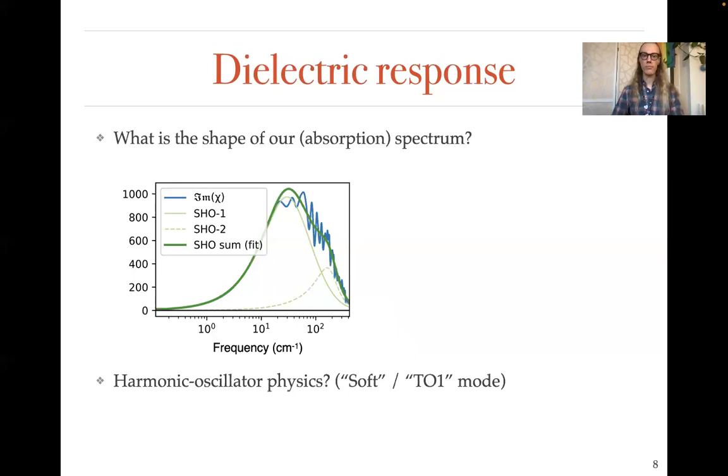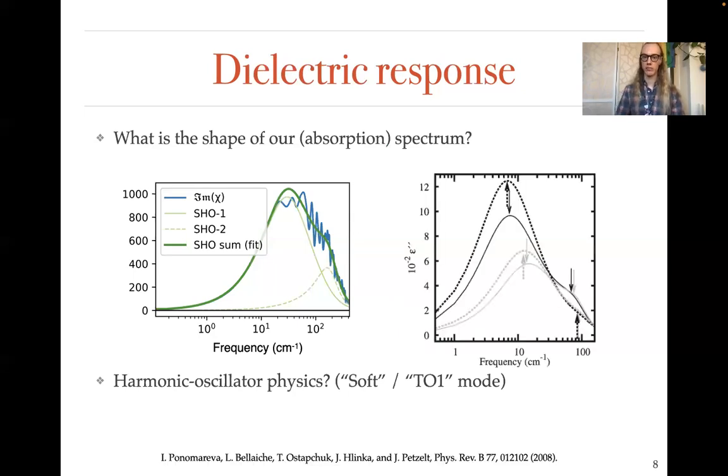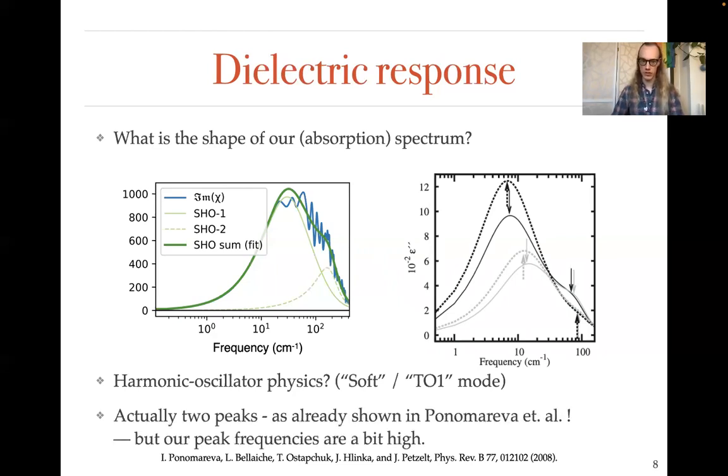So, this is actually something that was already discovered by a combined experimental theoretical study on barium titanate that showed that you do indeed need two oscillators to describe the dielectric response of barium titanate. And so this is another instance of a model reproducing qualitatively correct physics. But of course, quantitatively, well, our frequencies are too high.